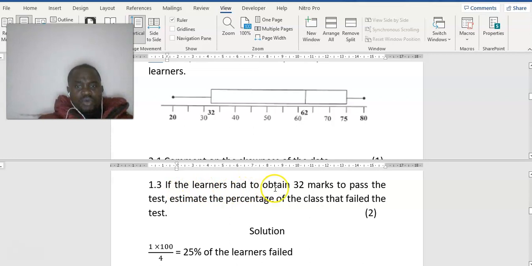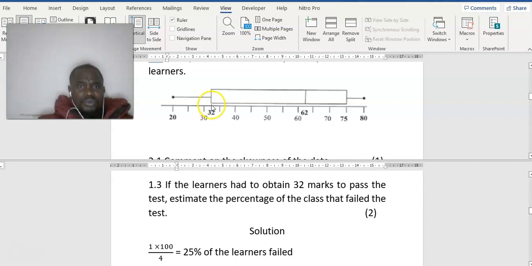If the learner had to obtain 32 marks, where is 32? 32 is the first quartile, Q1. To calculate Q1 percentage, it is 1 over 4 times 100.